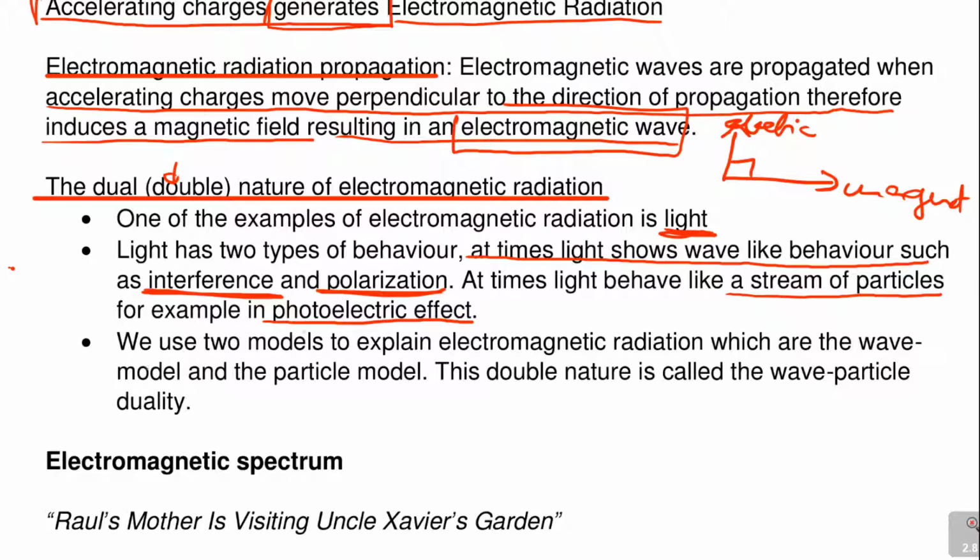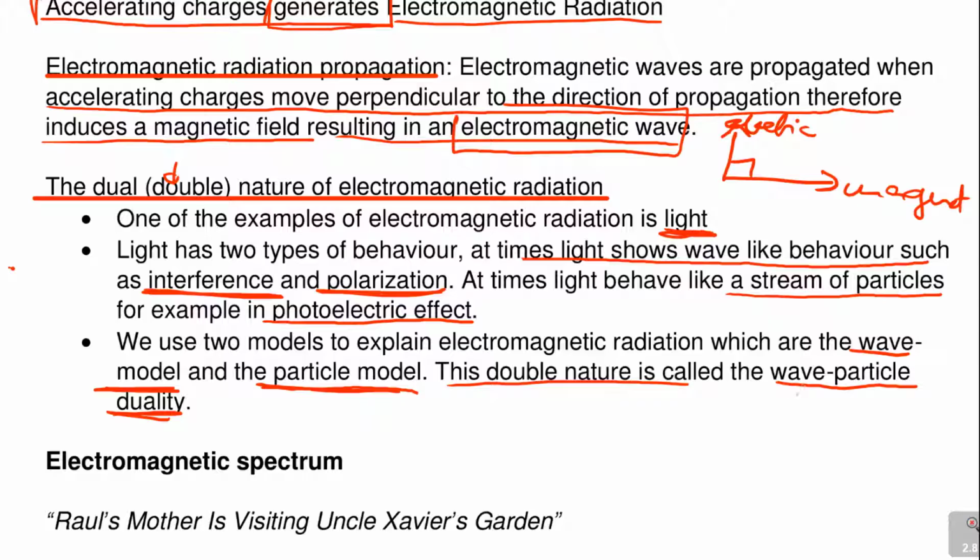Now we use 2 models to explain electromagnetic radiation. What are the models? The first model is called the wave model, where we look at it when it's behaving like a wave. And then we've got the particle model, when light starts behaving like a particle. This double nature is called the wave-particle duality.